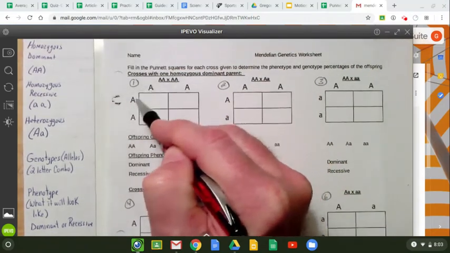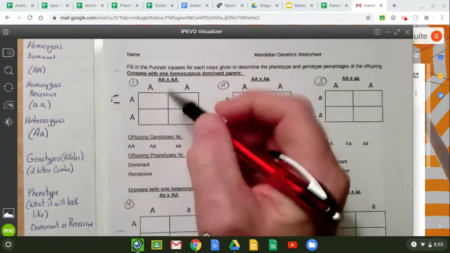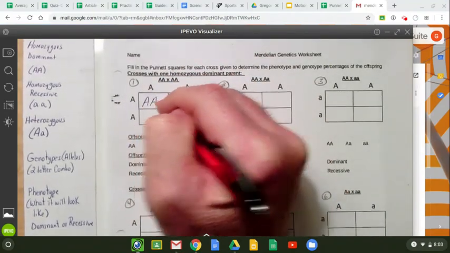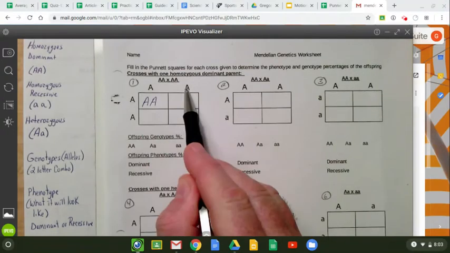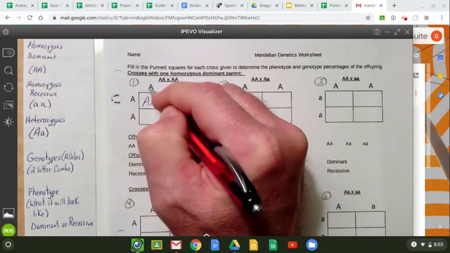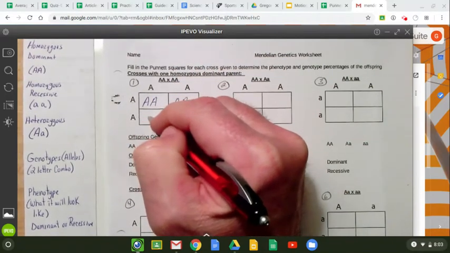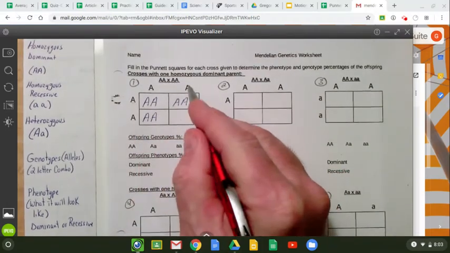All right, so let's fill in each square. Okay, we have capital A, that will result in homozygous dominant. Okay, 2 capital letters, homozygous dominant. Okay, and then capital A. All right, and then capital A.